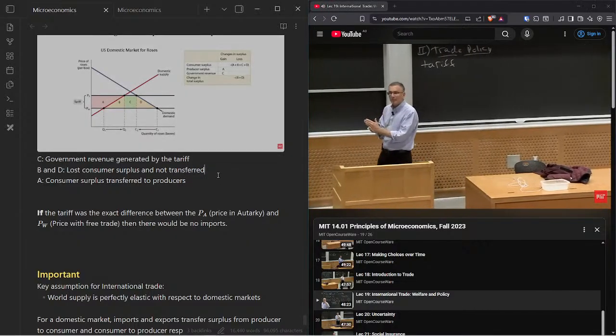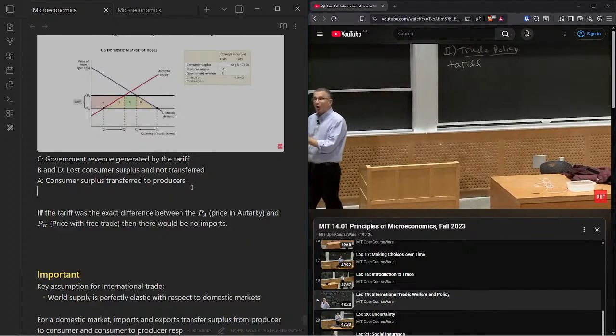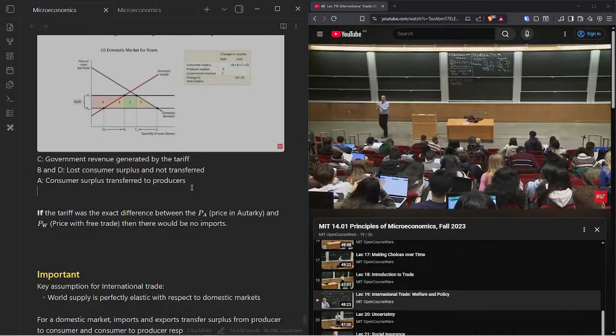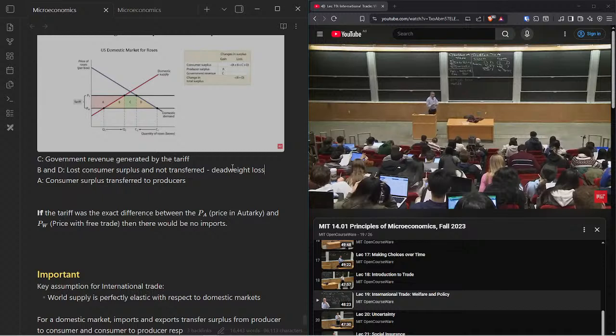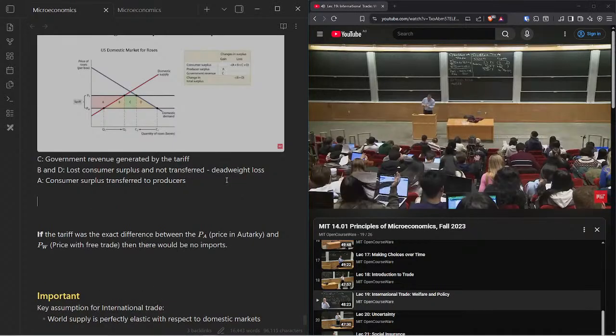So the tariff has overall lowered welfare. We are worse off. In order to transfer C to the government and A to producers, we've given up B plus D as well.